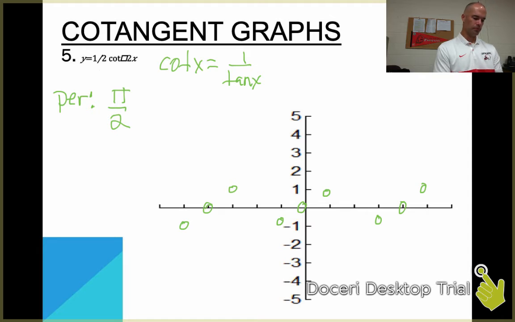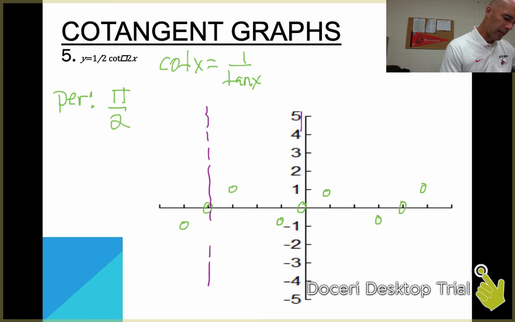Now, remember, just like we did with the other graphs, anywhere the original function has a 0, that now becomes an asymptote. So I have an asymptote right here. I have an asymptote right here. I have an asymptote right here. Where my original asymptotes were are now zeros.